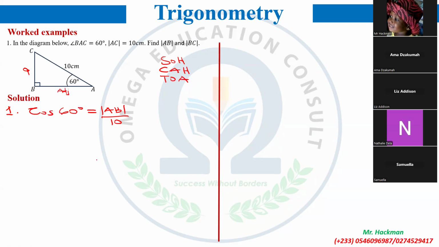Yes, please. So this implies that 10 cos 60 degrees, because I'll cross multiply. When you are doing this, don't forget the degrees. Don't just write cos 60. Look at your calculator: if you see the D there, then your calculator is in degree mode.